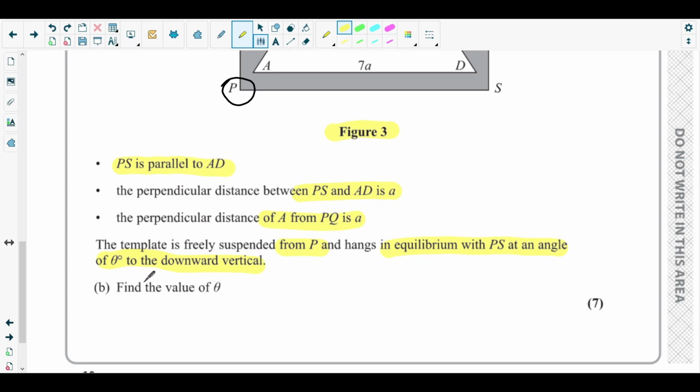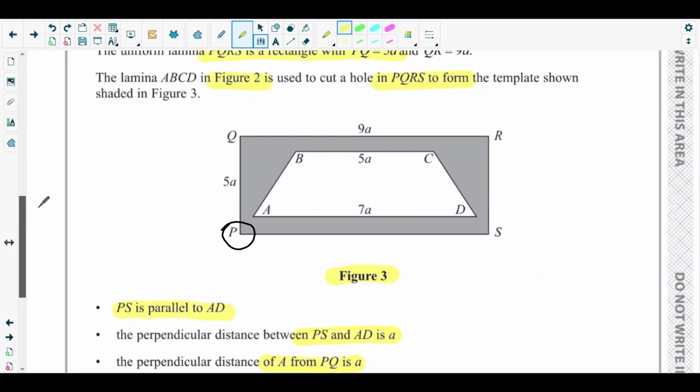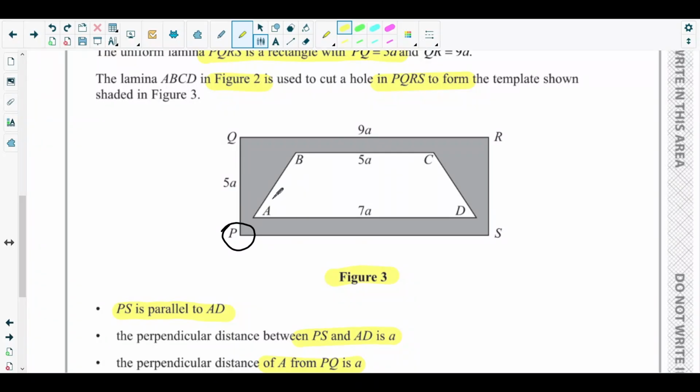So part B is asking to find the value of this theta as the template is suspended at point P. Before finding theta, we have to consider the position of the center of mass of this template from the point P.